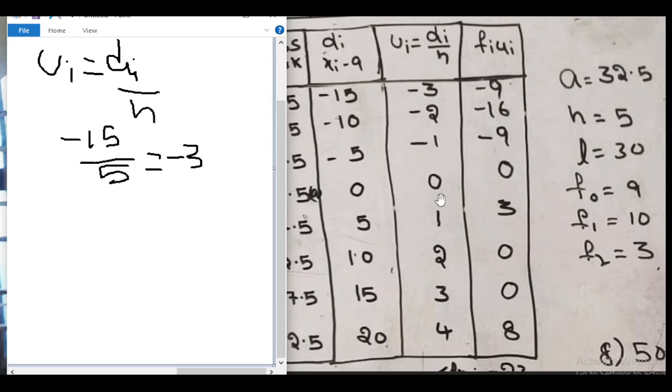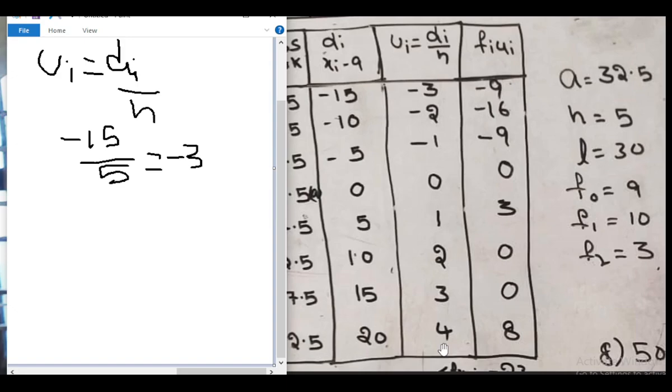Minus 5 by 5 is equal to minus 1. 0 by 5 is equal to 0. 5 by 5 is equal to 1. 10 by 5 is equal to 2. 15 by 5 is equal to 3. 20 by 5 is equal to 4. So these are the step deviations. By dividing the deviations by the height of the class, we get the step deviation.